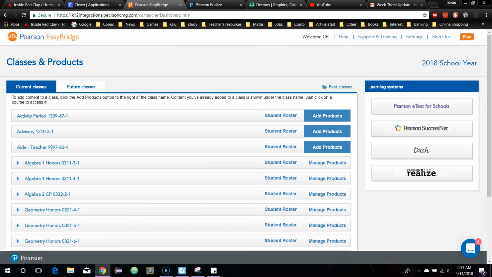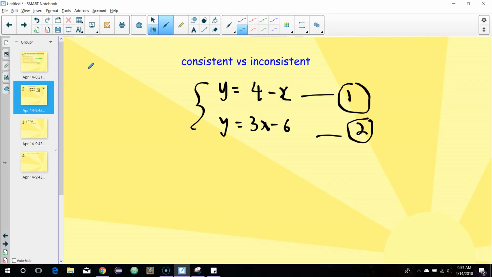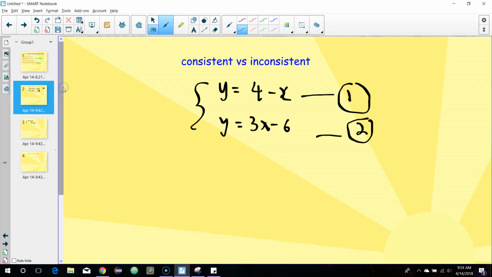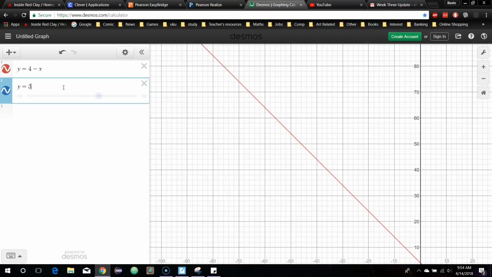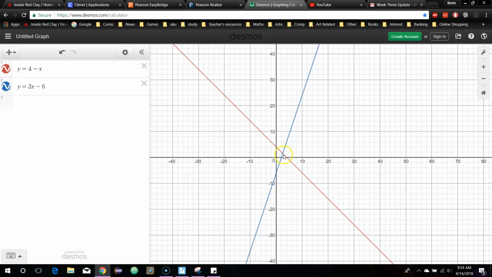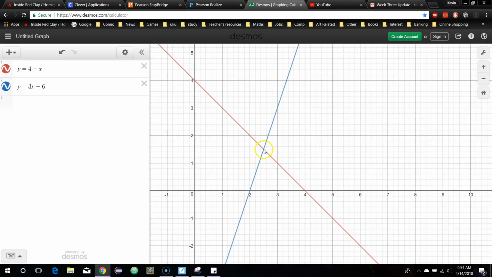The equations are y equals 4 minus x, and y equals 3x minus 6. So I draw these two lines. I can see that the intersection is over here. Let's zoom in. The solution to this system is going to be 2.5 and 1.5.